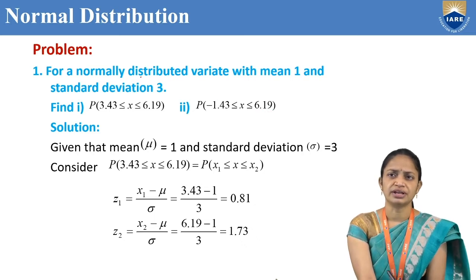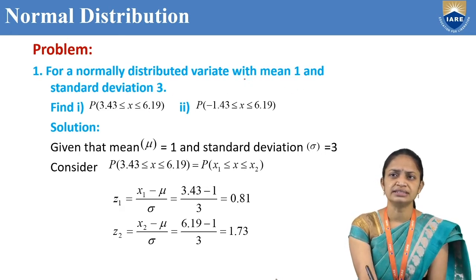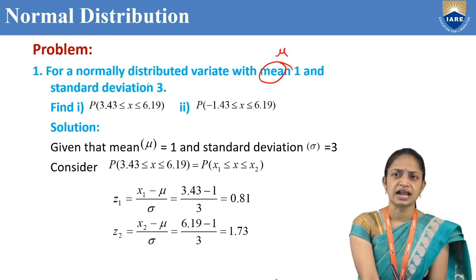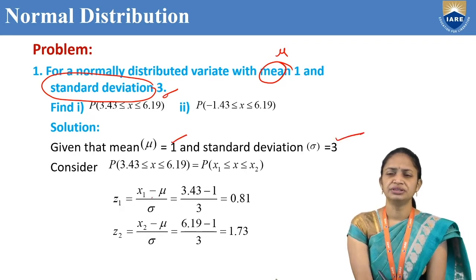For a normally distributed variate with mean 1 and standard deviation 3, in normal distribution the mean is denoted with mu and the standard deviation is denoted with sigma. So mu equals 1 and sigma equals 3.